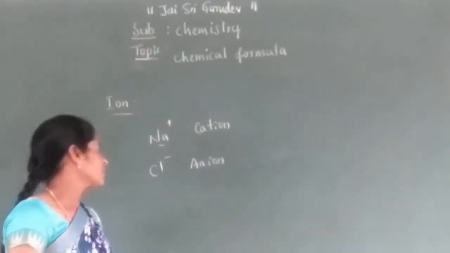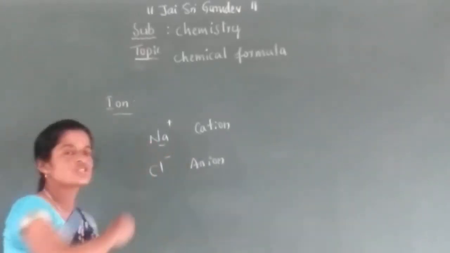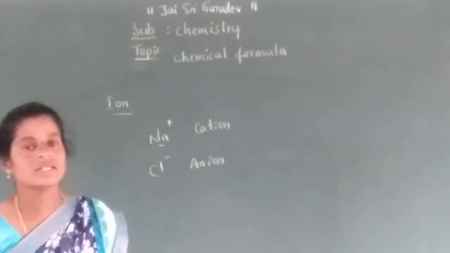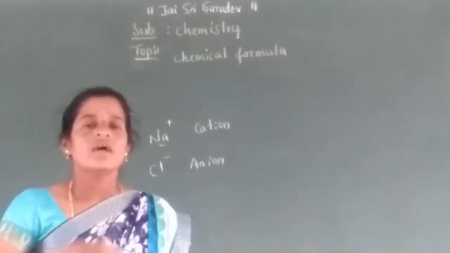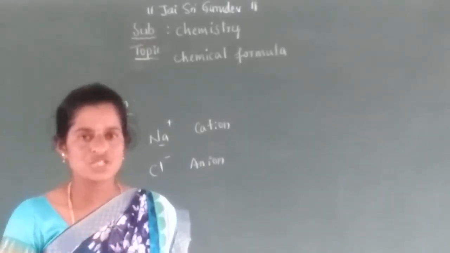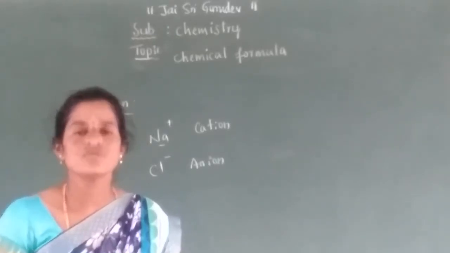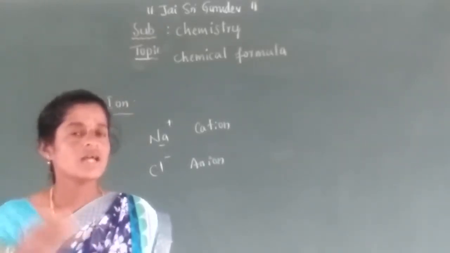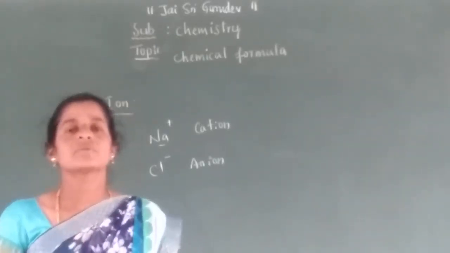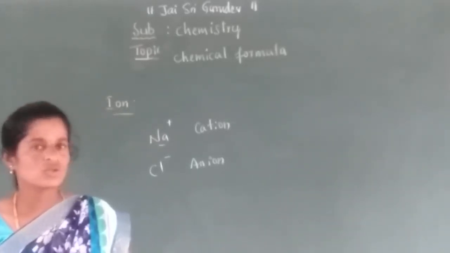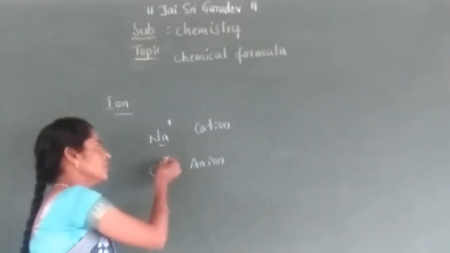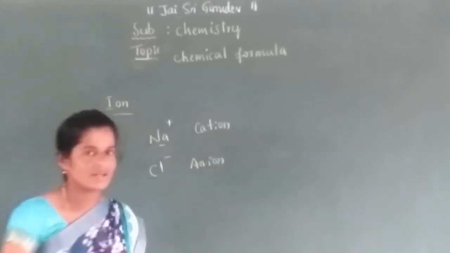And if a radical has a negative charge, this is an anion. It indicates that it is electron deficient. That means it is ready to accept a pair of electrons from a neighboring atom or a molecule. Hence it always carries a negative charge and is called an anion.